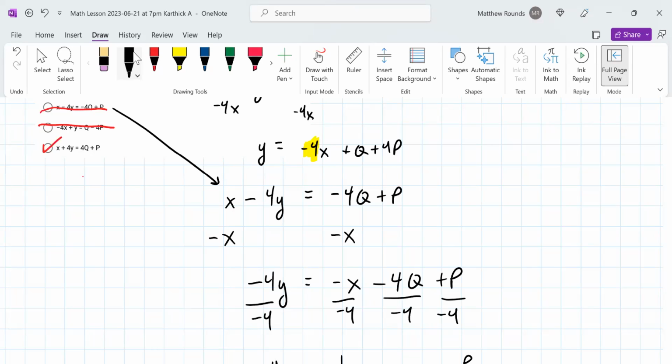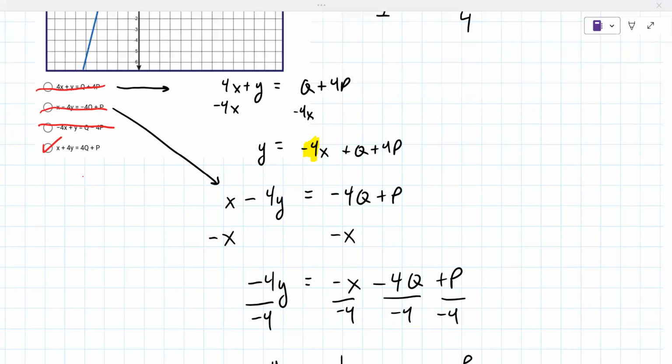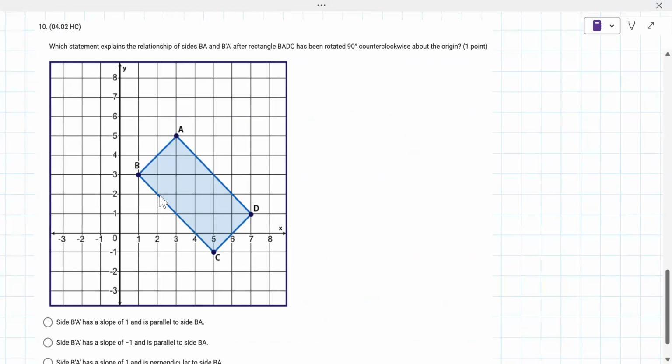All right. Number 10. Here we go. It says, which statement explains the relationship between sides BA and B prime A prime after rectangle BADC has been rotated 90 degrees counterclockwise about the origin?